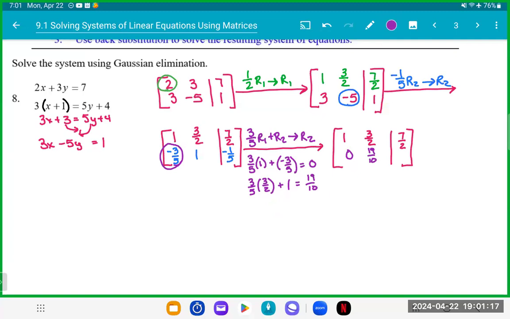Now for our last one, we have 3/5 times row 1, which is 7/2, plus negative 1/5. So that is 21/10 minus, this is the same as 2/10. So that equals 21 minus 2 is 19/10.